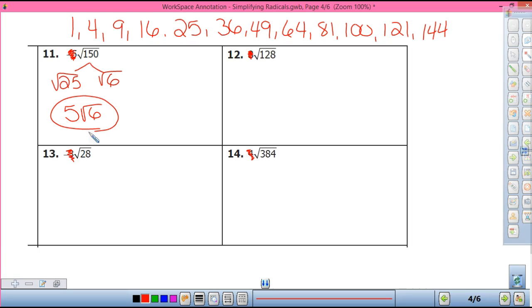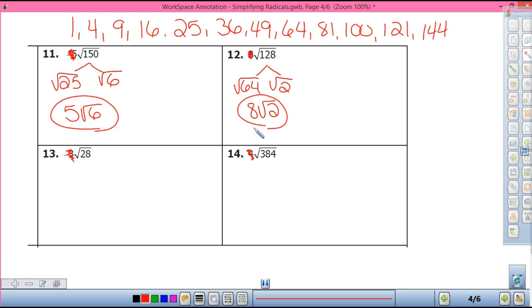Have you found one for 128 yet? 64 and 2? Alright. That's a nice big one. 64 square root of 2. And can I reduce that square root of 2? So I'm good. So what's my square root of 64? 8 root 2. Did anybody else try to use something smaller?